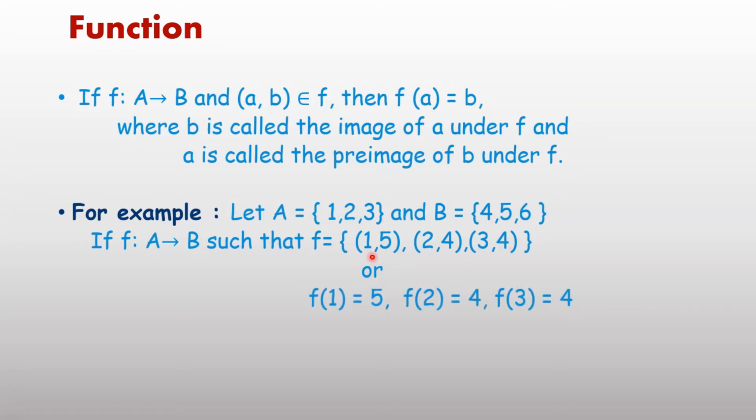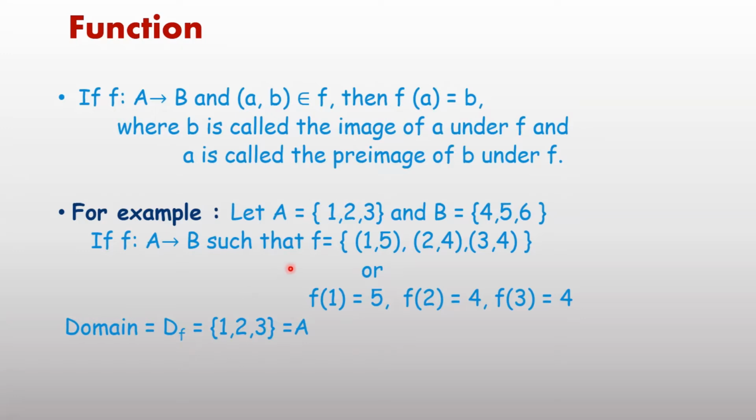Or we can write, since the image of 1 is 5, f(1) = 5. The same ordered pair can also be written in this pattern: f(1) = 5, meaning (1, 5) is an ordered pair which belongs in f. If (2, 4) belongs in f, we can write f(2) = 4, the image of 2 is 4. Similarly, f(3) = 4.